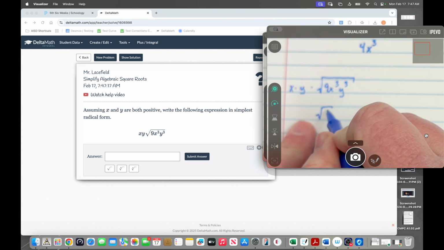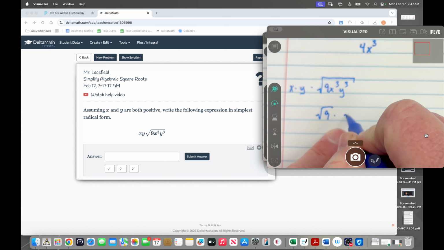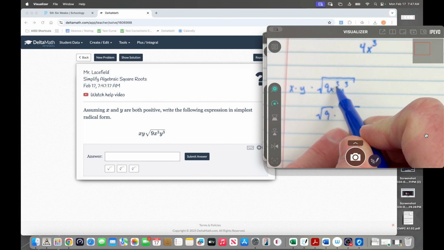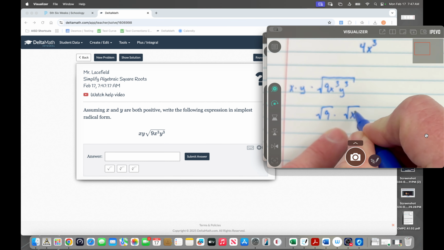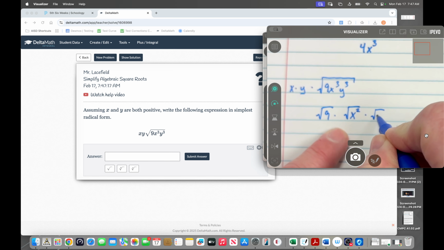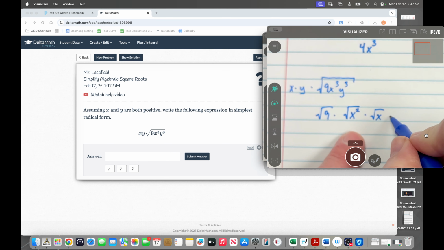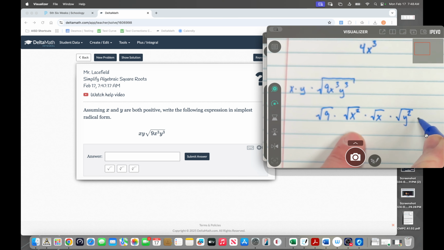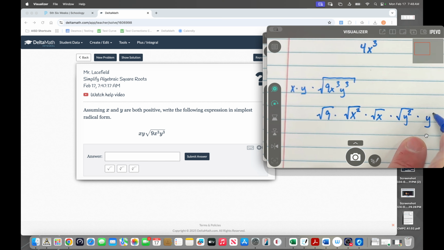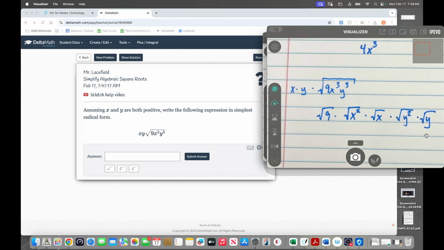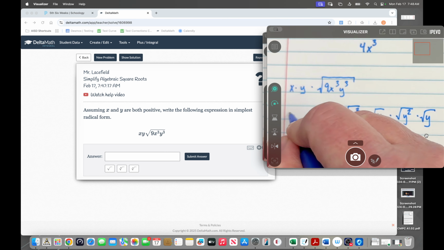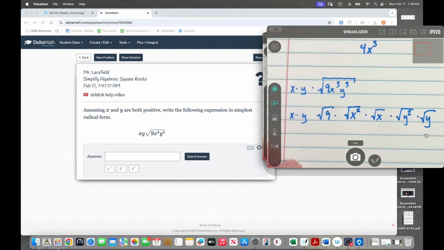So this becomes square root of 9 times square root of x to the 3rd. X to the 3rd, we're going to split, be x squared times square root of x. Same thing with the y to the 3rd. So we're going to put y squared times square root of y. And then we still have x and y on the outside.